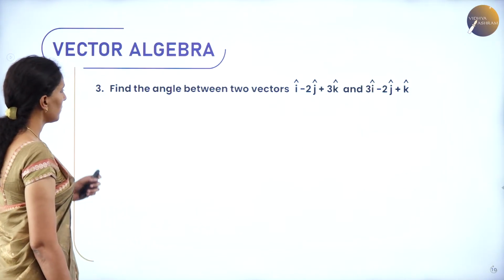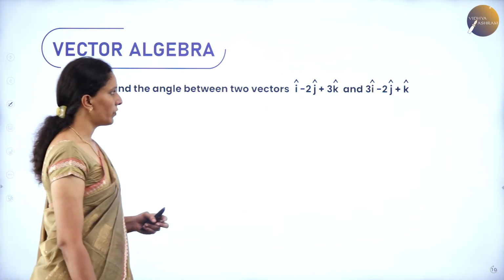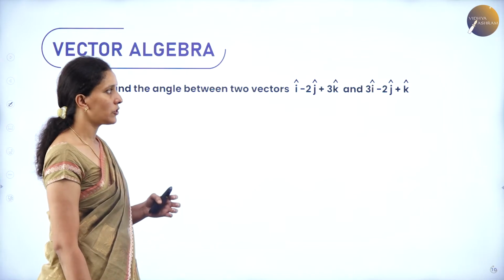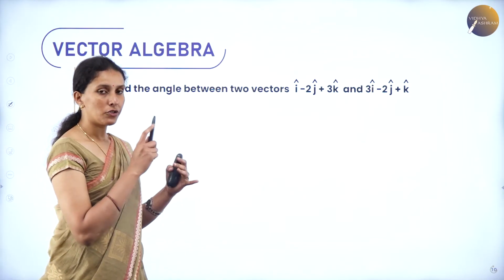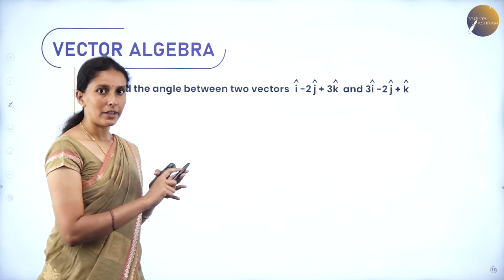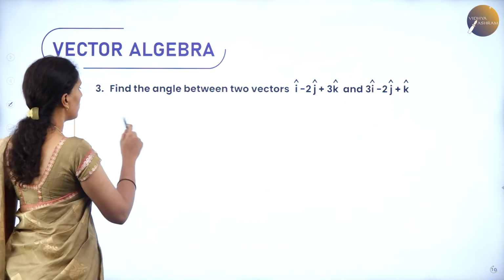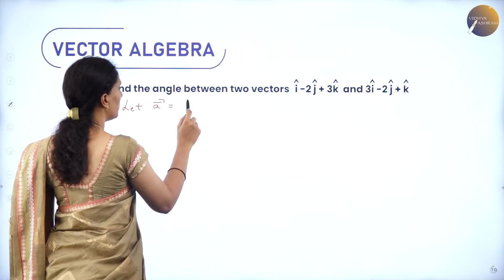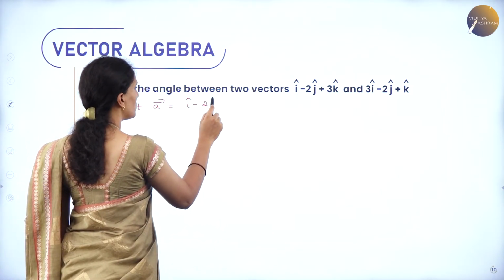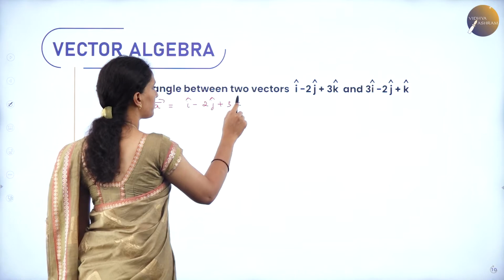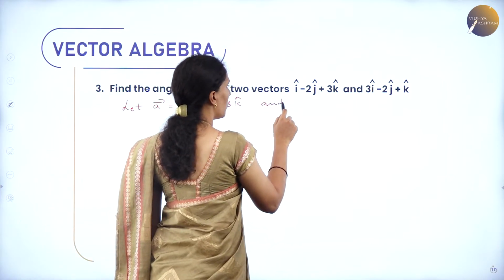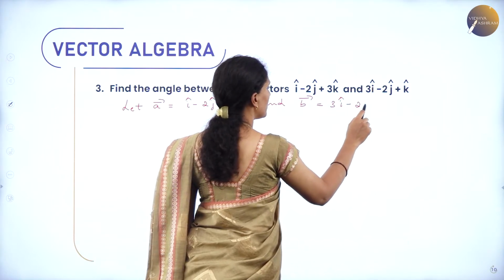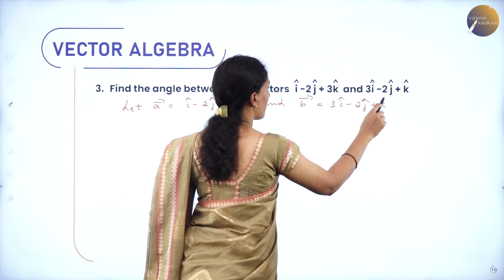Next, find the angle between the two vectors i minus 2j plus 3k and 3i minus 2j plus k. So, here we need to find the dot product and their magnitudes to find cos theta. So, let vector A be equal to i minus 2j plus 3k and vector B be equal to 3i minus 2j plus k.